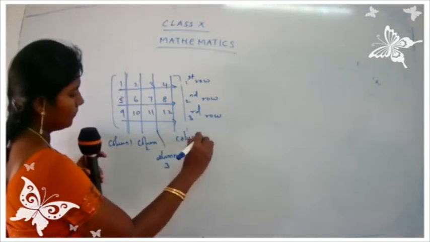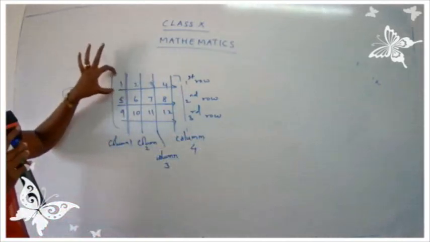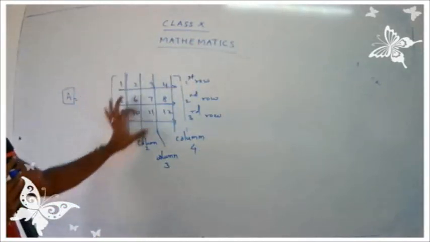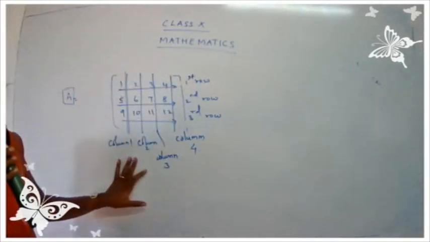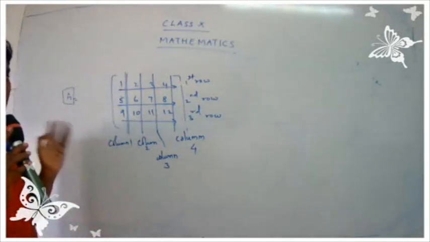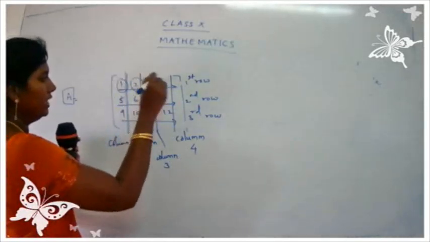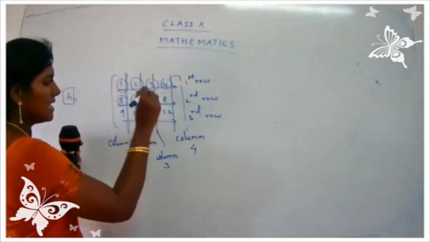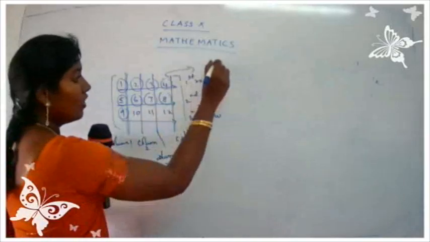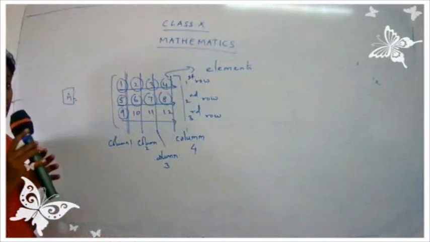So the arrangements that are done horizontally are called rows, and if the arrangements are done vertically, you have to call it a column. So a matrix is comprised of rows and columns. Are you clear, children? And these numbers, see, 1, 2, 3, 4, 5, 6, 7, 8, 9, these are all called the elements. What are they called? Elements. Clear, children?